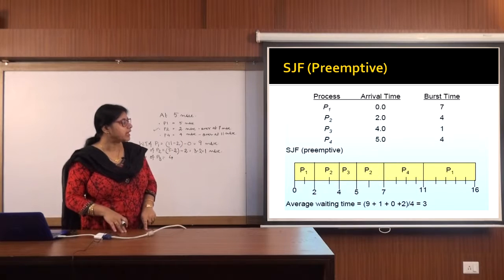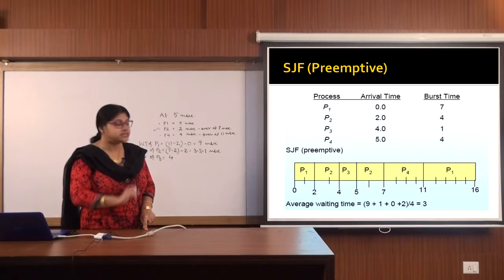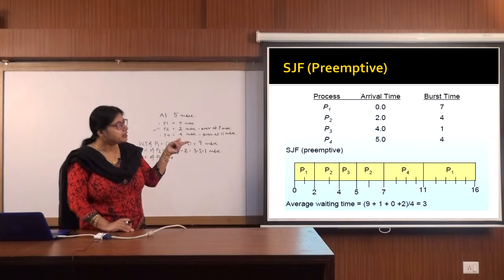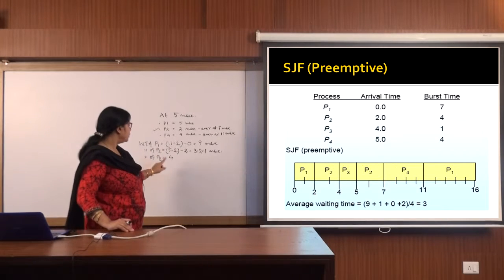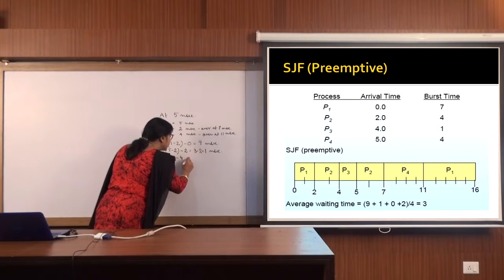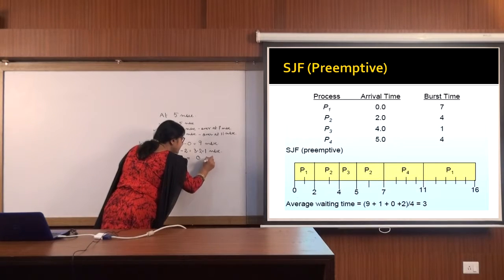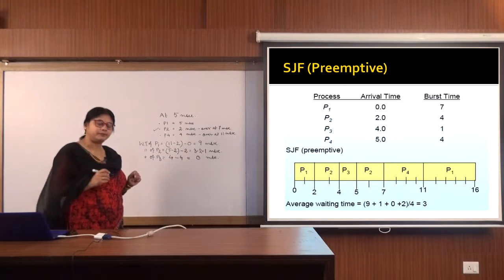And the reason is that P3 also arrives at the ready queue at 4 millisecond, giving waiting time 0. So started at 4 millisecond, arrived at 4 millisecond. I am getting 0 millisecond as the waiting time for process P3.